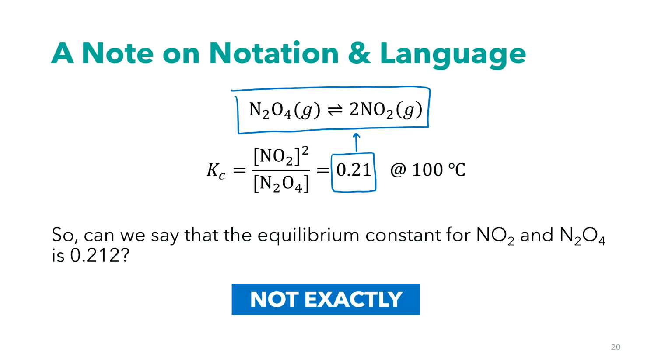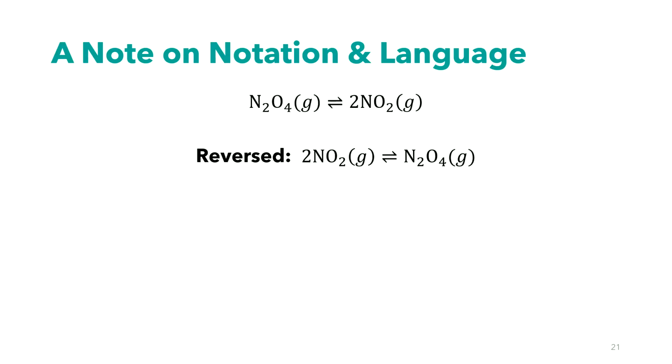So let's consider the same reaction, but I could reverse it. Now what if I'm thinking about 2NO2 going to N2O4? What would Kc be for that? If I wrote out Kc, I would now have N2O4 on the top and NO2 squared on the bottom. When I calculate that, the number is 4.72.